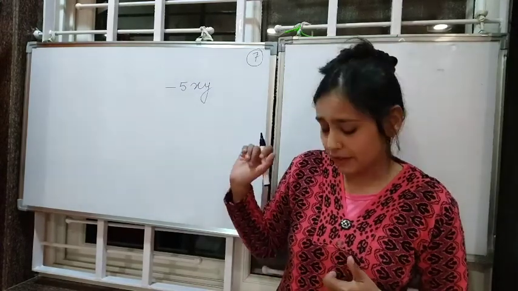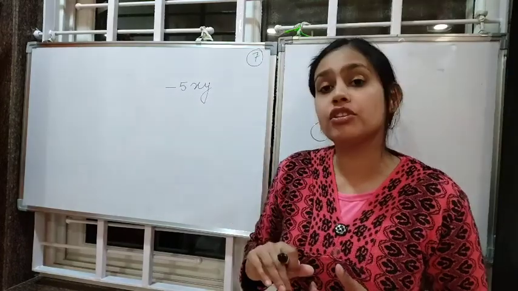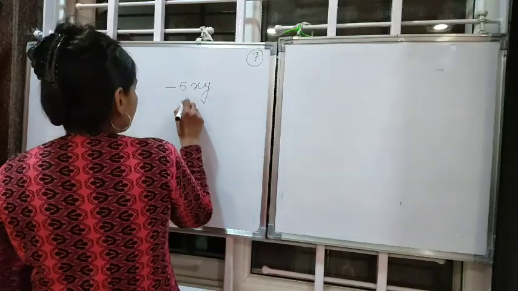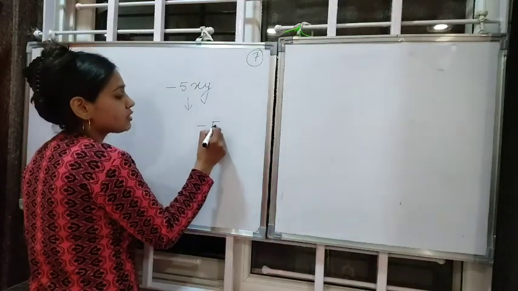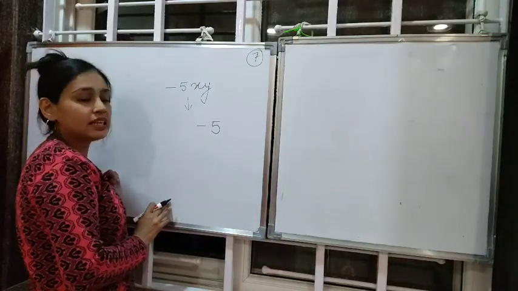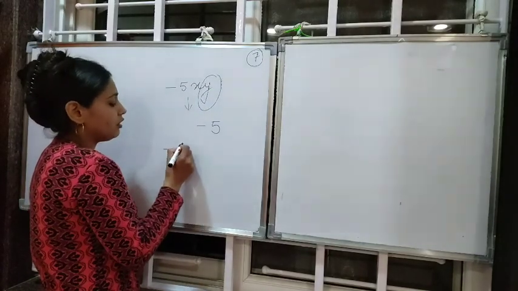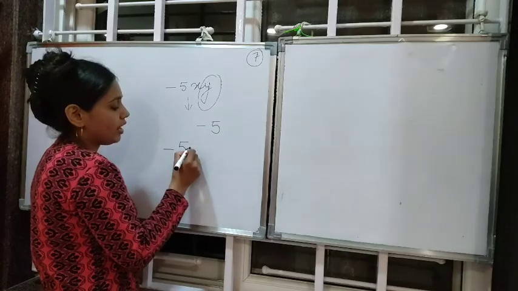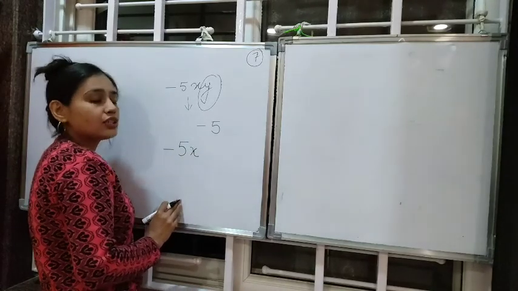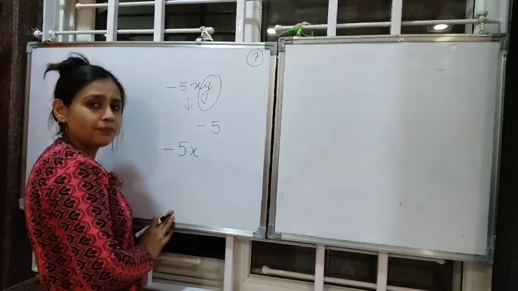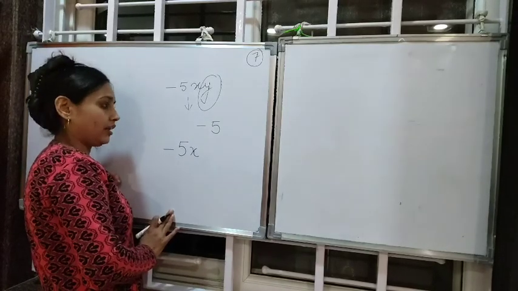Like for example, if I say what is the numerical coefficient of minus 5xy, in this case you will say minus 5. Okay, now what is the coefficient of y? Then the coefficient of y is the product of minus 5 and x, or simply you can say minus 5x.